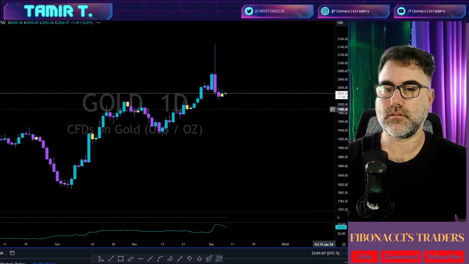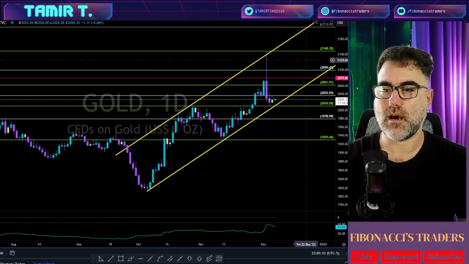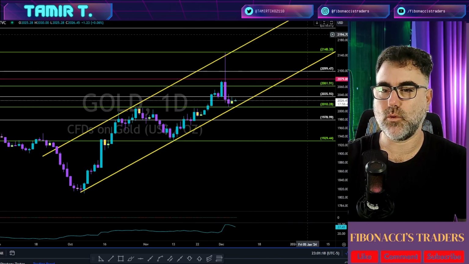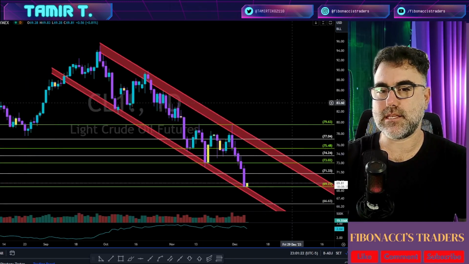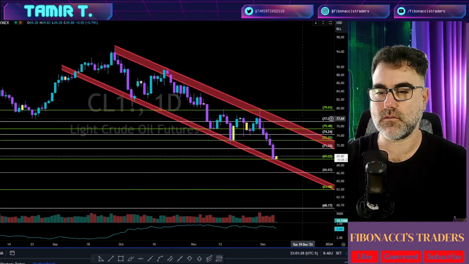Gold, relaxing inside this uptrend channel. Now let's see, bounce above the 2036 towards 2060, 2080. Crude oil still inside this massive downtrend between these two red zones.